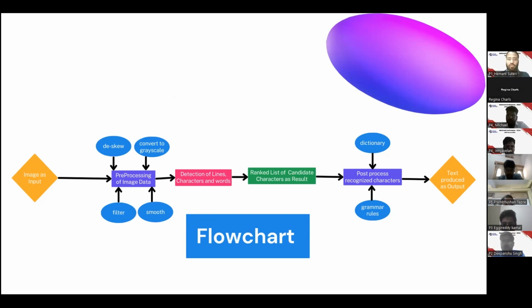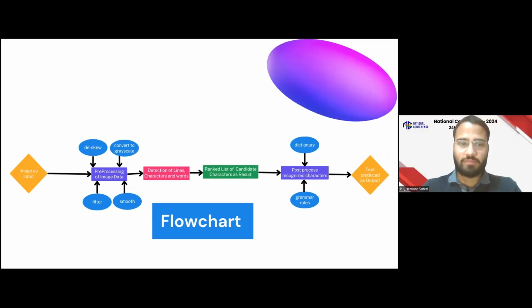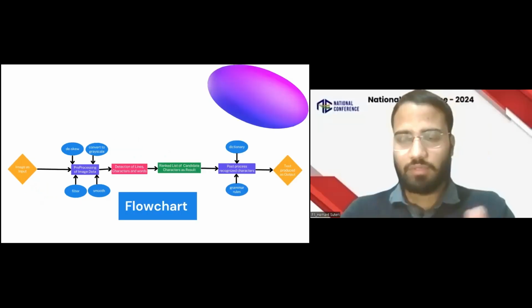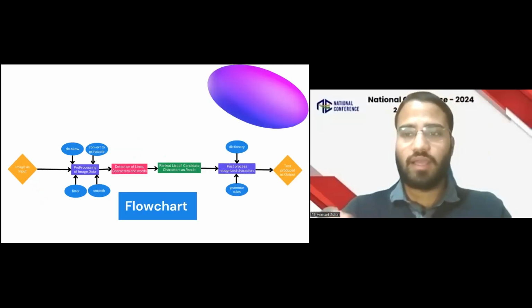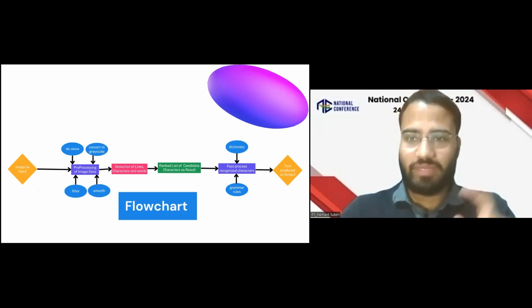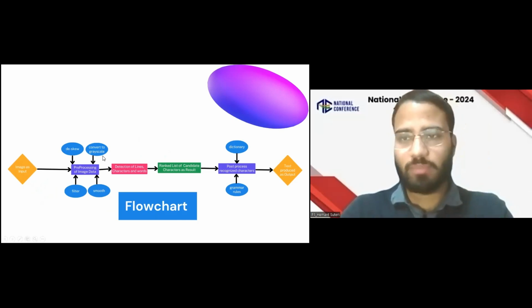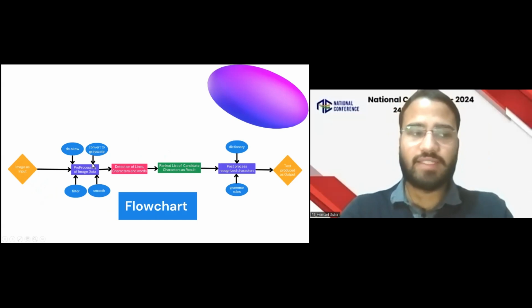That inclination is removed and the image is made flat, so that the characters we have to recognize become easier to read. It also regularizes the color plane so that it is easier for the machine to read the text. So it's called pre-processing of data. And then it detects the lines.